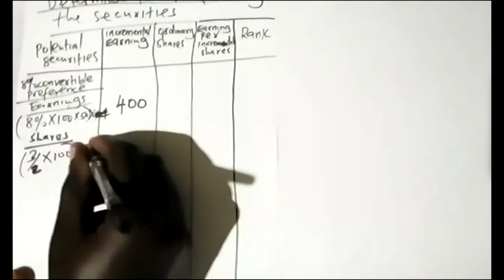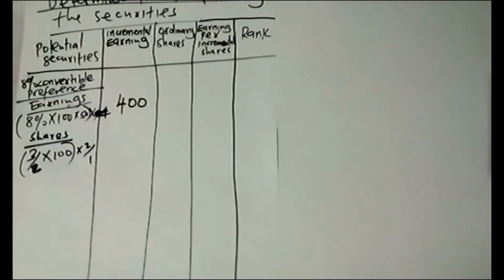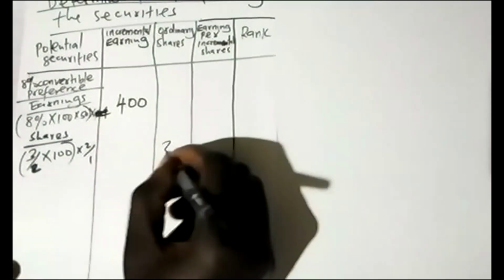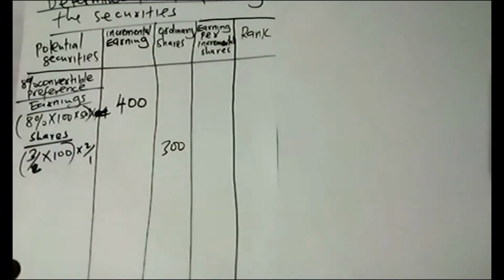So we need to split them because they are before the split. So say 3/2 times 100 times 2. You are getting 300? Yes, 150 times 2, I'm getting 300.